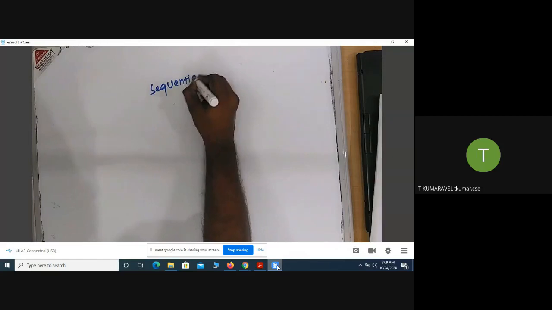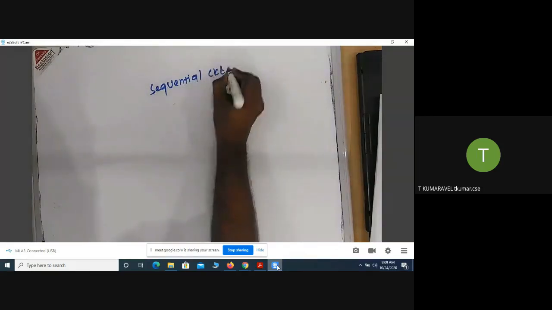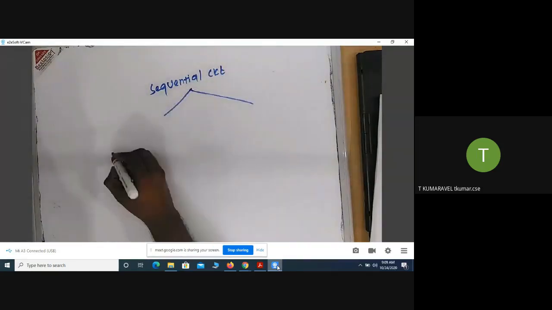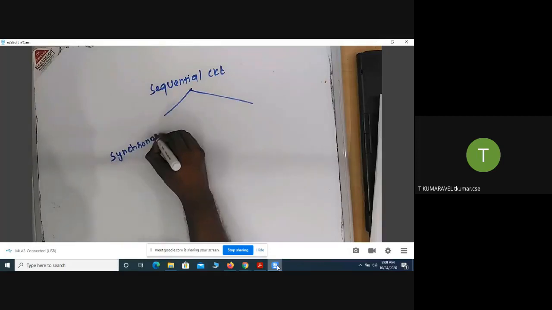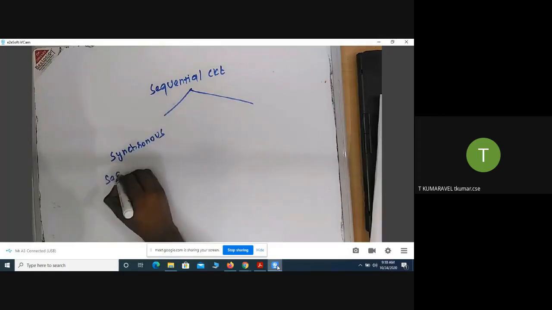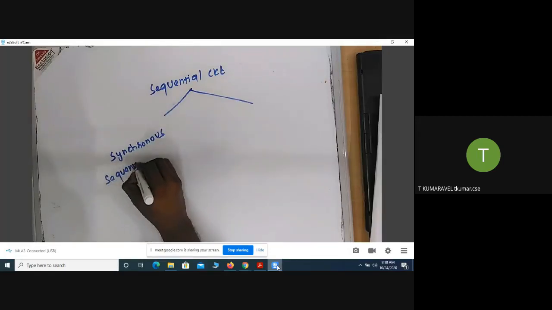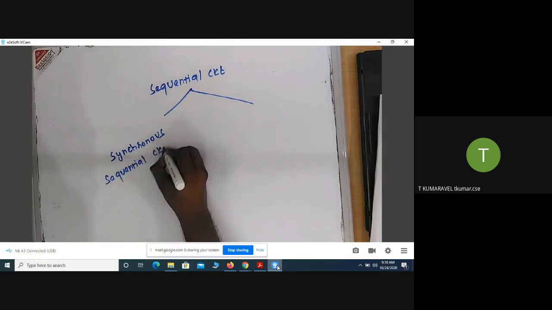One is called a synchronous sequential circuit. Another one is called an asynchronous sequential circuit.